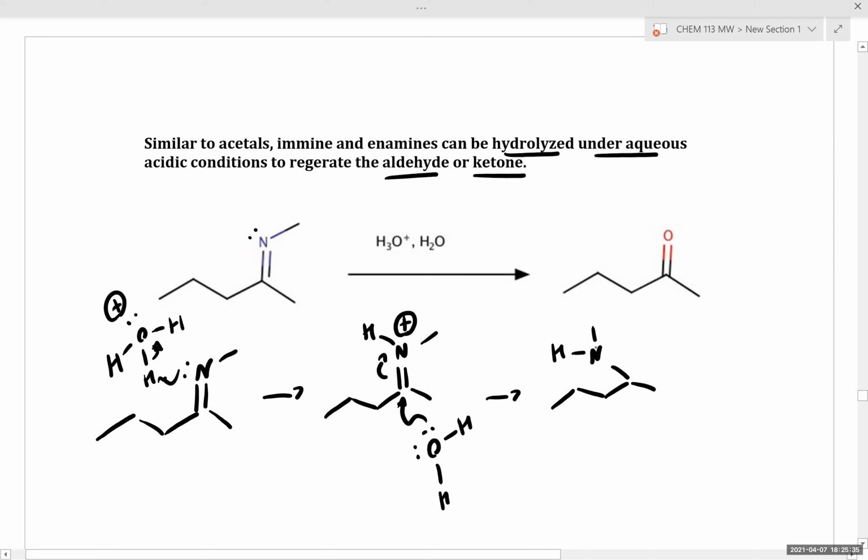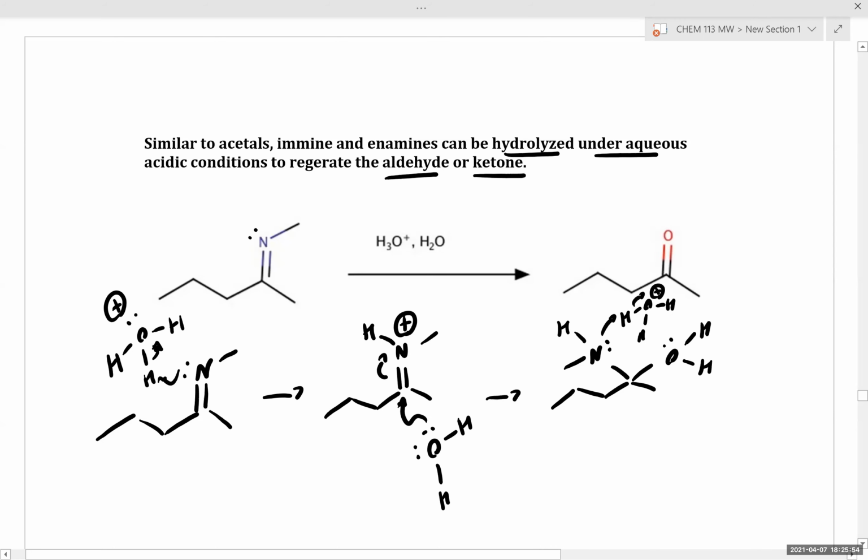However, this time we have an entirely different goal in mind for this tetrahedral intermediate. In this case, we need to activate our amine as a leaving group, and we're going to accomplish that via protonation.